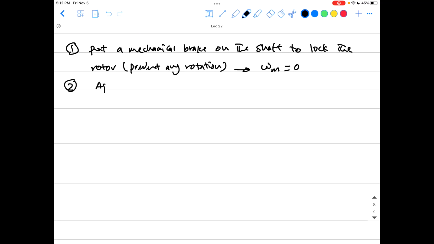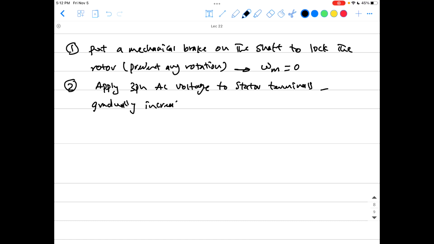After this you apply 3-phase AC voltage. Now we're no longer dealing with DC voltage. So let's apply 3-phase AC voltage to the stator terminals, and gradually increase the voltage from 0.